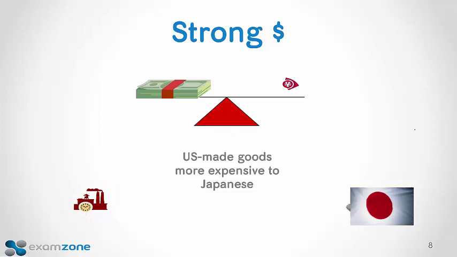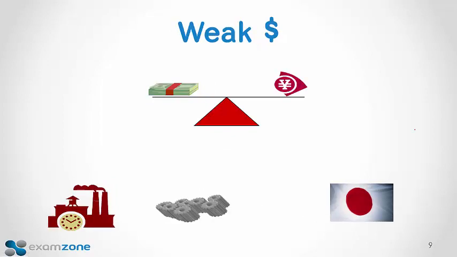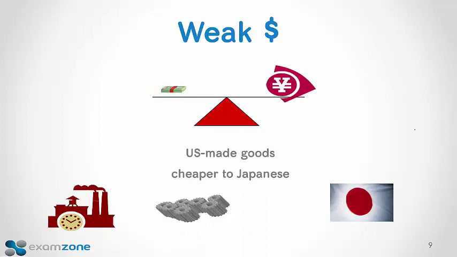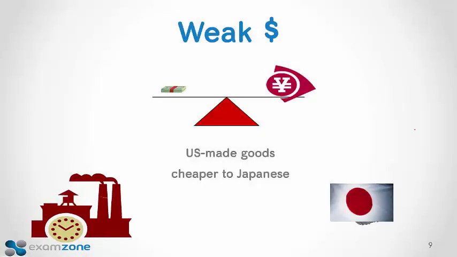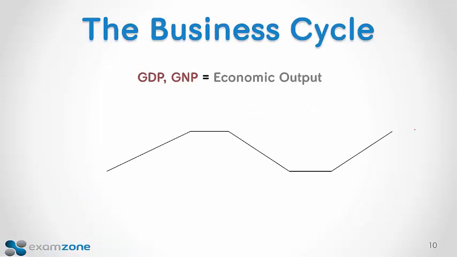Just like a weak dollar sounds bad, but in fact it would make our exported goods to Japan much cheaper. They would be able to buy more. It should increase exports, all things being equal. So a strong dollar actually is bad if you're a farmer or another exporter trying to sell overseas. A weak dollar would help you in terms of selling more to the overseas market.